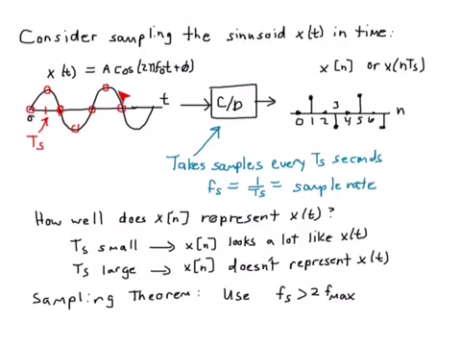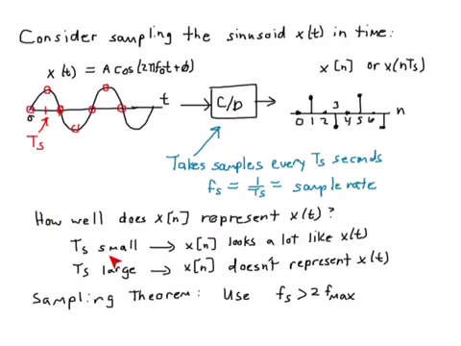We store these samples and index them on n: the 0th sample, the 1st, the 2nd, the 3rd, and so on. We take samples every Ts seconds, which gives a signal sampled at a rate of fs, the sample frequency, which is 1 over Ts, in hertz. We might ask how well this discrete signal x[n] represents the continuous signal x(t).